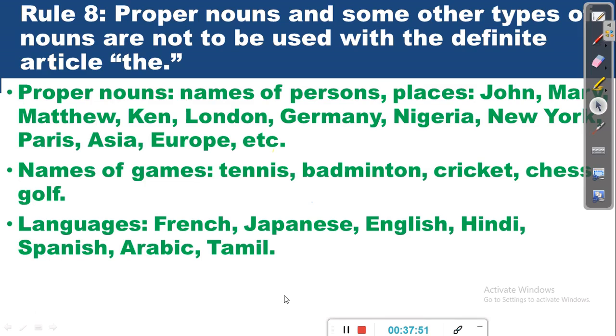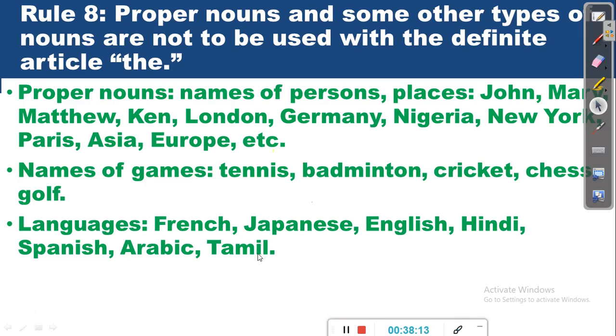You can't talk about a French or an English or a Hindi or a Spanish, you know. But you can talk about a Japanese when you are referring to a person, but when you are talking about the language, you don't use an article.